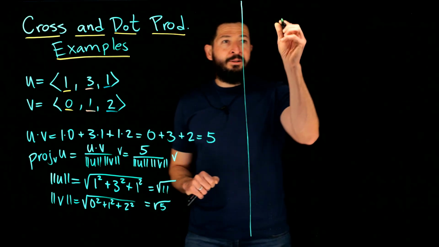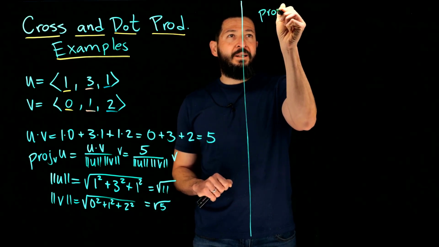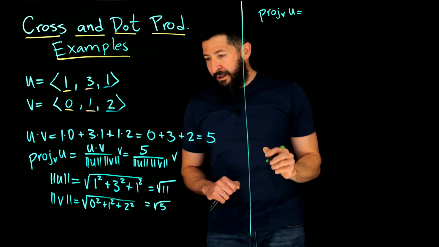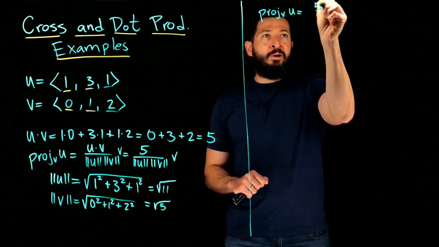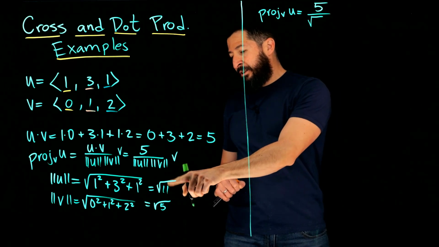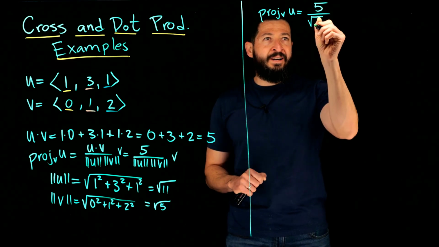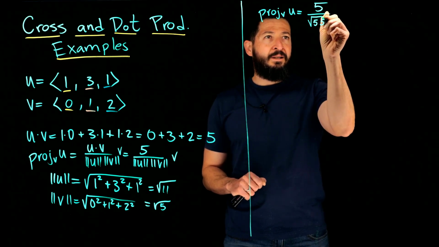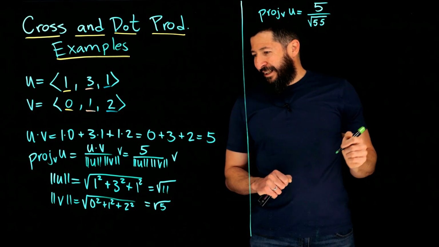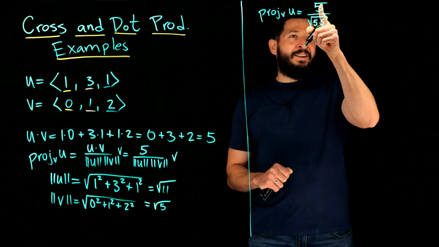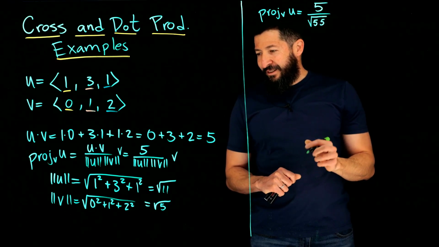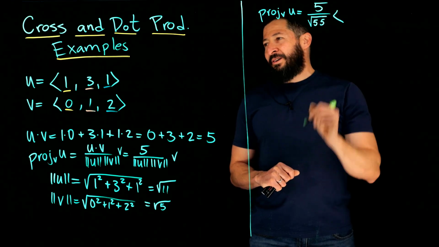And then the projection onto v of u is going to be 5 over the square root of 11 times 5. Let's collect them together. 11 times 5, 55. I could have left the 5 and just rationalized that denominator, but I'm not partial to rationalizing denominators.